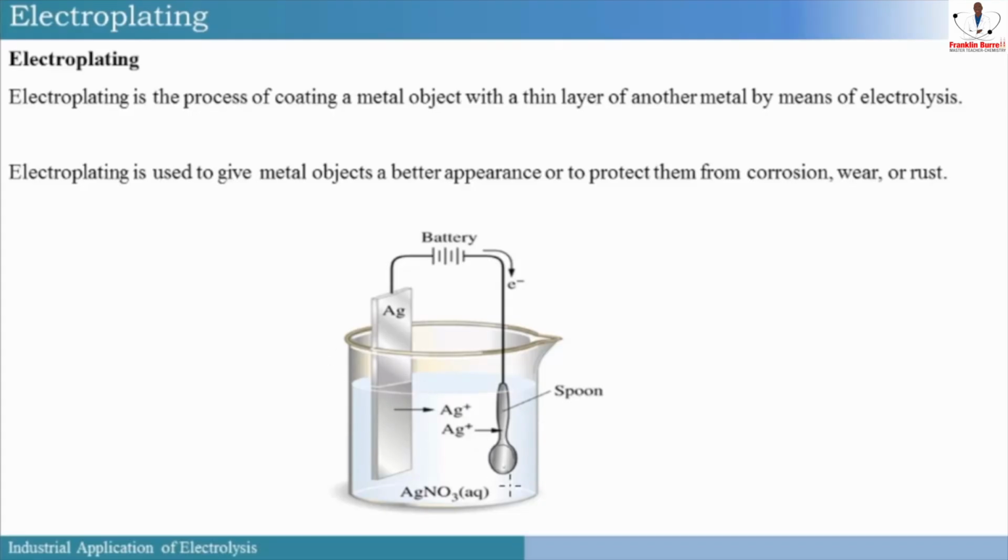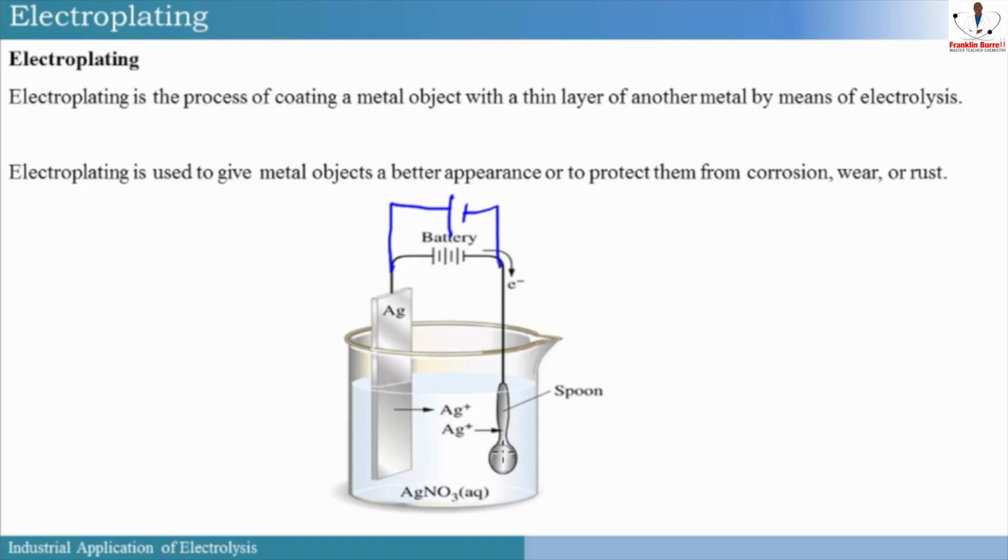So in this case, we are coating this metal object, which is a spoon, with silver metal. So whatever we are coating must be placed at the cathode. So you can see that this being the short side of the power source is the cathode.